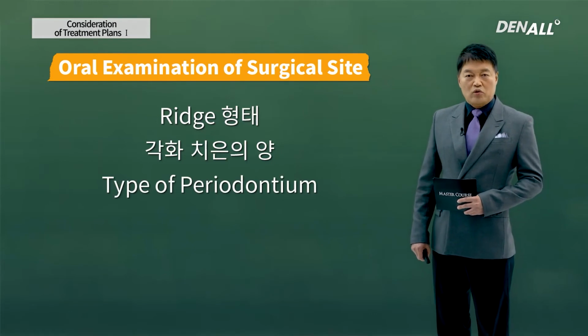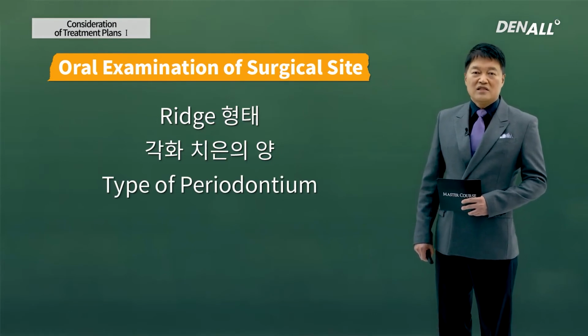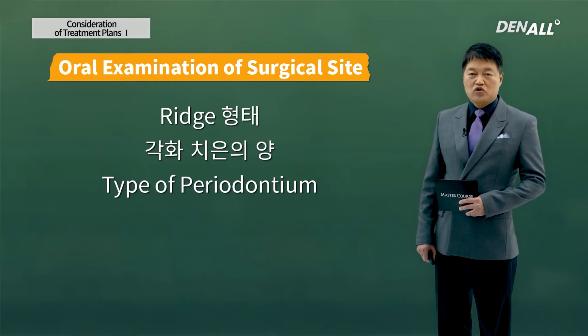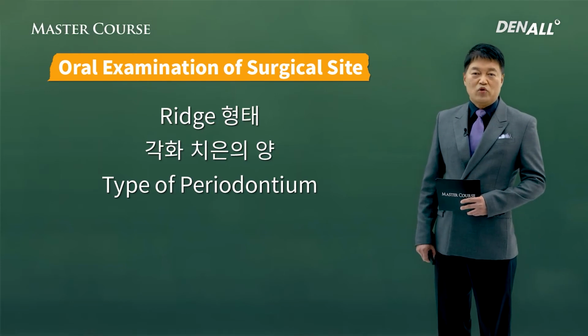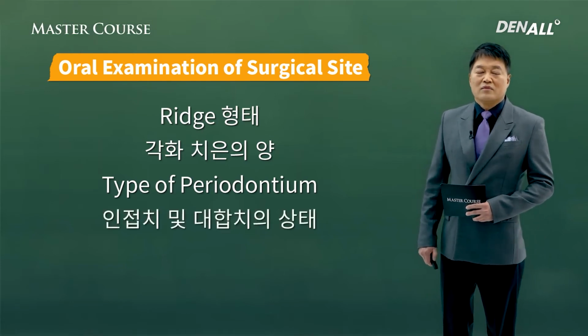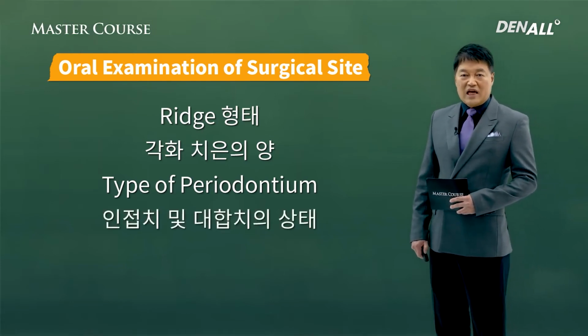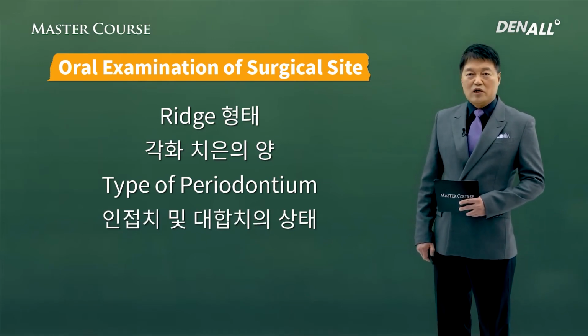Third is periodontium type. Check whether it is thin or thick biotype, especially in the anterior region. For thin biotype, you need to pay more attention. Also, adjacent teeth and opposing teeth need to be checked.